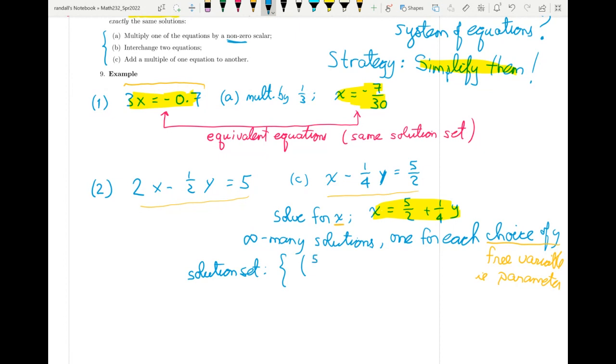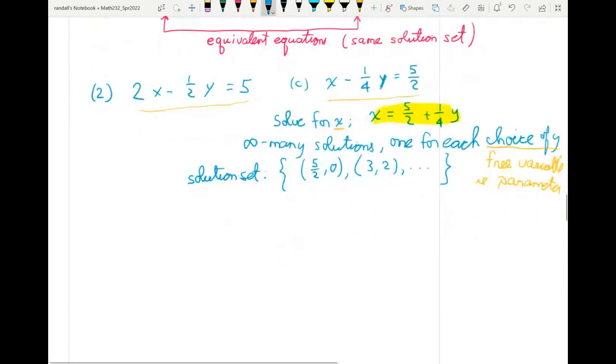That gives me x is 5/2. If I chose y to be 2, then I would get 5/2 plus a half, so I'd get 3 and 2, and then etc., etc. I can't write them all down, there are infinitely many, but at least there's an order to this. By choosing y, I get a new solution by changing y, and I just compute what the x has to be for it to satisfy the equation. So there's one example.